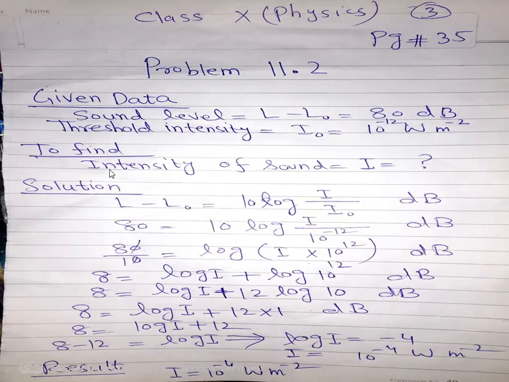In this numerical, we are required to find the intensity of sound, denoted by capital I. So you will use the formula which we used in numerical 11.1 as well. The formula is L minus L naught equals 10 log I over I naught.